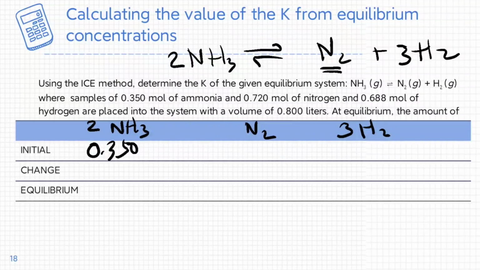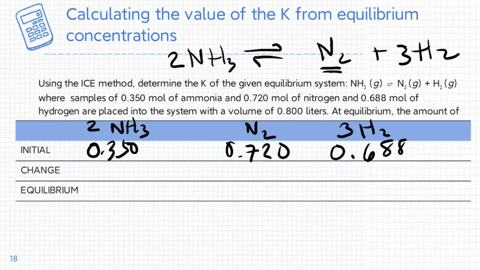So let's go back to the problem. 0.350 moles of ammonia and 0.720 nitrogen, and 0.688 moles of hydrogen.